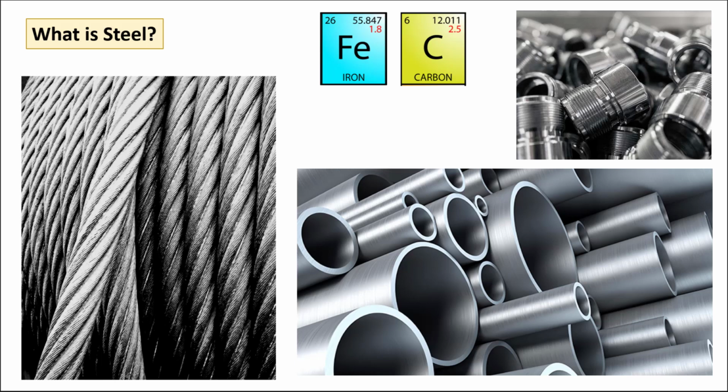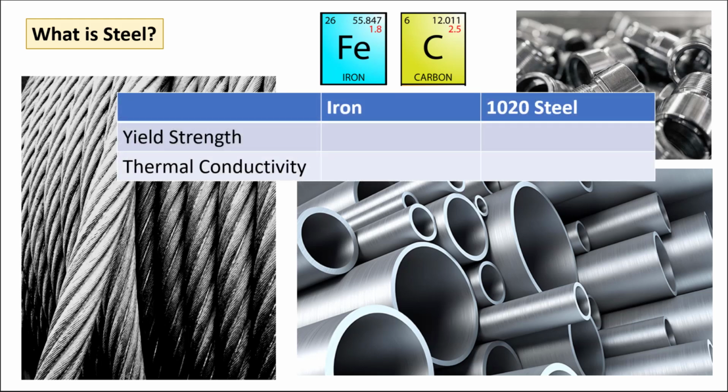Well, let's take a look at some properties of pure iron and hot-rolled 1020 steel. The number 1020 means that the steel contains 0.2% carbon. The two properties that we will take a look at are the yield strength and the thermal conductivity.